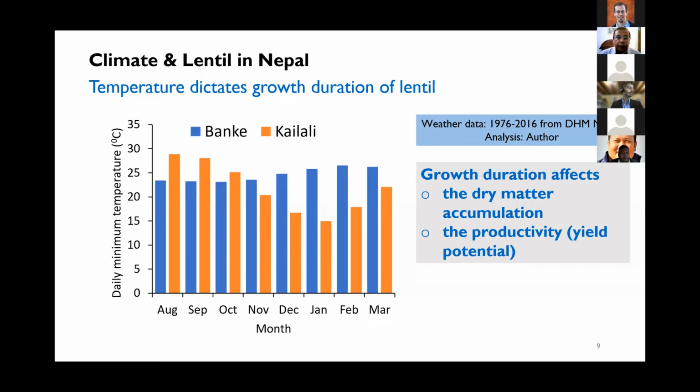In Bake district, on the other hand, temperature during November to March remains higher than Kailali and moves in an increasing trend, which curtails the duration of lentil growth and development. Growth duration affects dry matter accumulation, and in turn, the productivity of lentil and its yield potential.